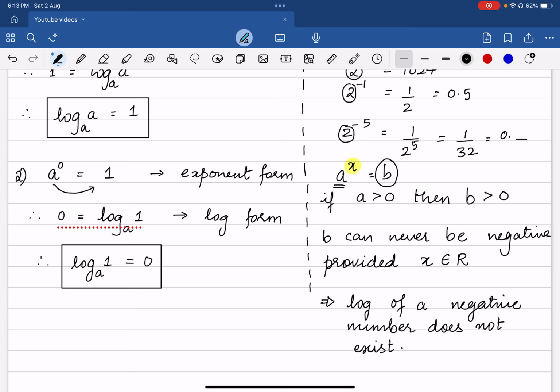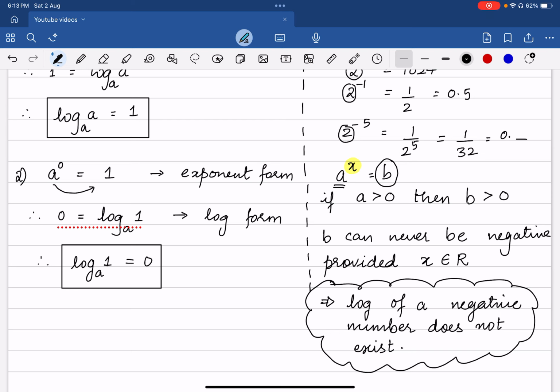At some point in time, we'll try to understand this theory also, out of academic interest, probably. So we'll probably make another video on why log of a negative number does not exist. But as of now, prima facie, the very basic thing you have to understand is that log of a negative number does not exist, and it's beneficial for you to remember this because you will be using this a lot in all the logarithm solving that you will be doing.